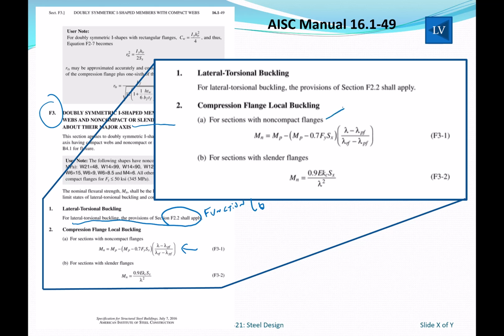So for non-compact flanges, we have to use this equation, and that equation should look familiar to you. It's a similar format as an equation we used from provision F2.2. And again, if you have a slender flange, you'd have to use this equation, but we're not going to get into that. But notice both equations have S sub x in there, so that makes you think about elastic moment.